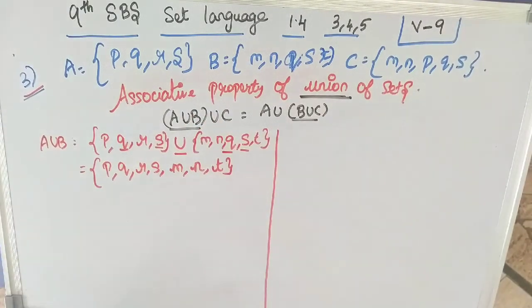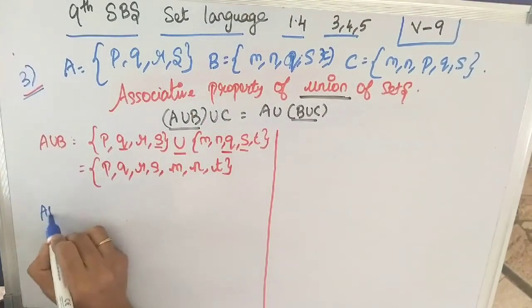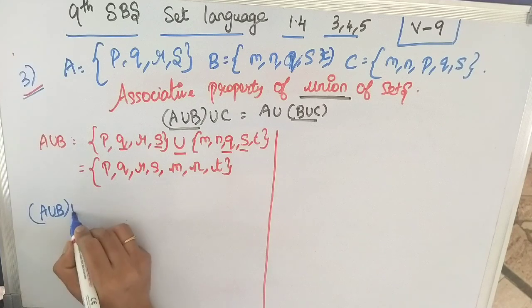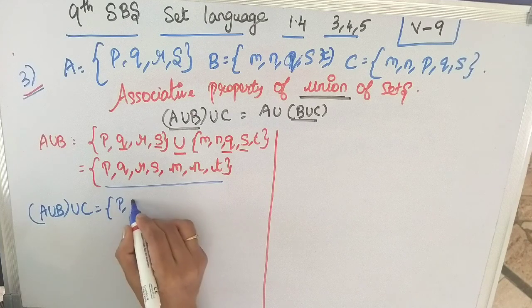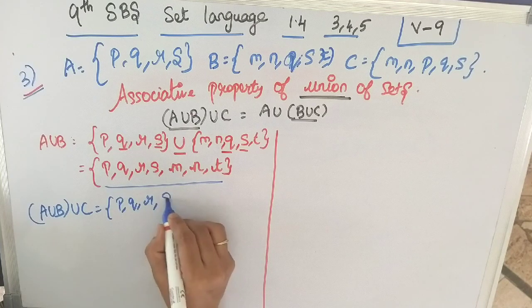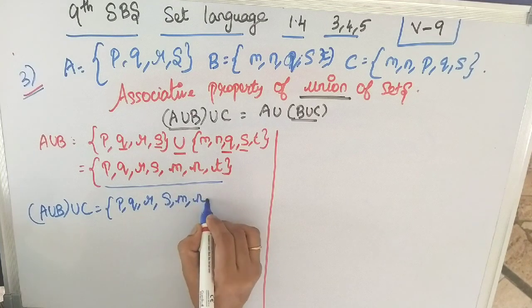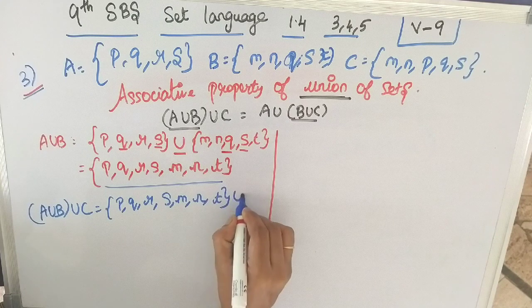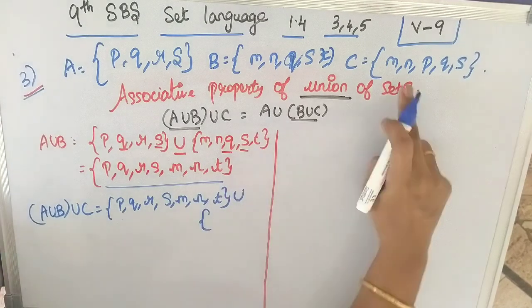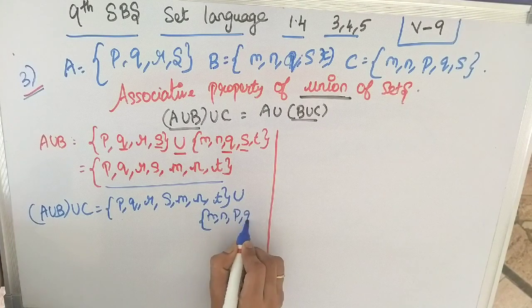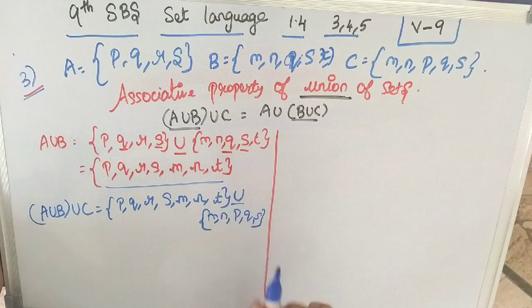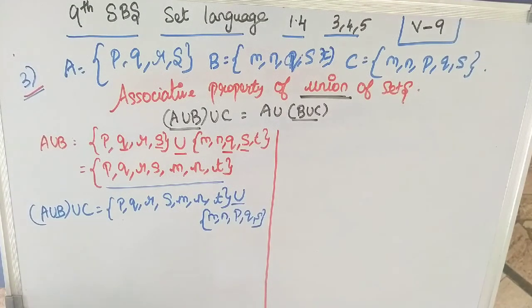Now we have to find (A union B) union C. What is A union B? We have just found that: P, Q, R, S, M, N, T. Union. What is C here? M, N, P, Q, S. How to find union? We have to write all the elements in both the sets and common elements only once.